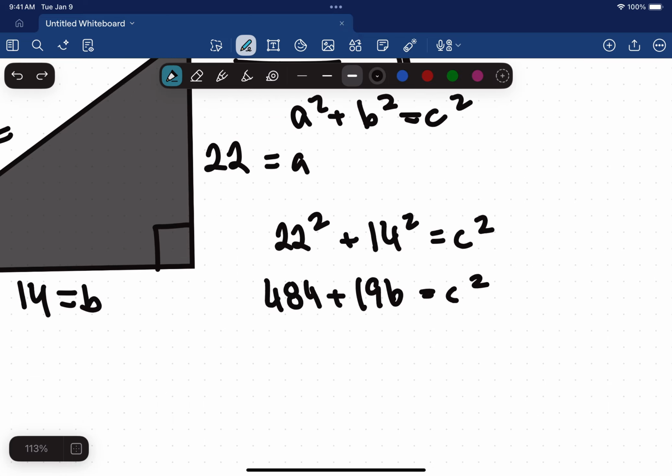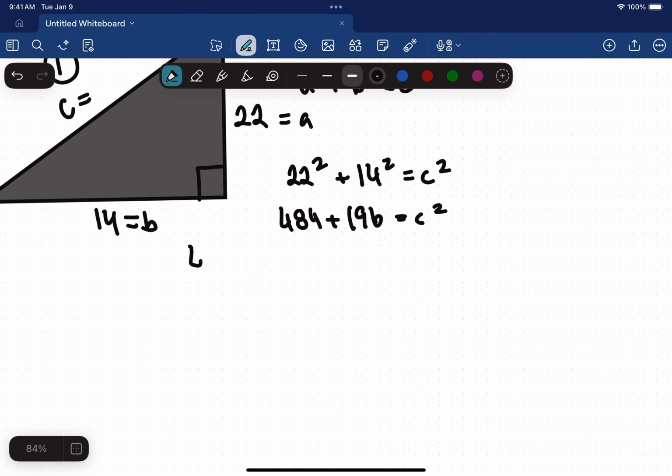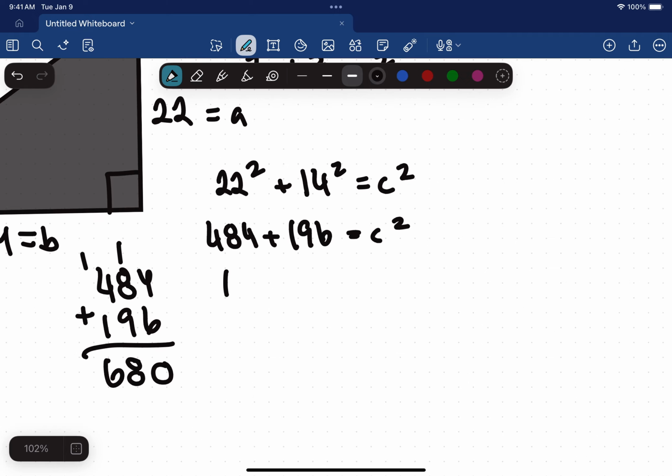Now just combine like terms. 484 plus 196 is going to be 680 equals C squared.